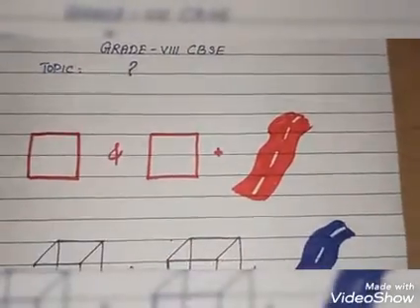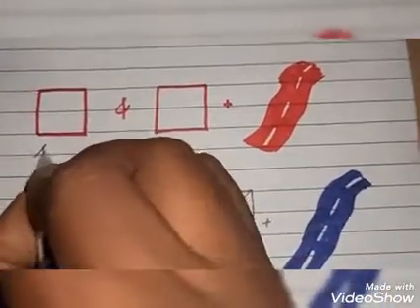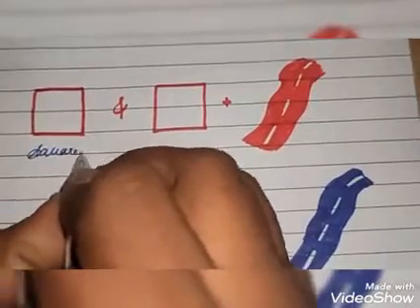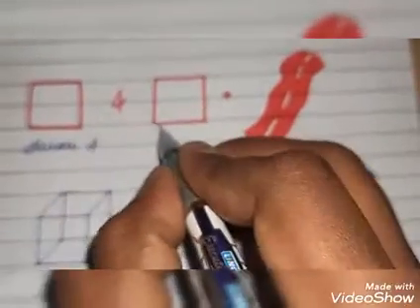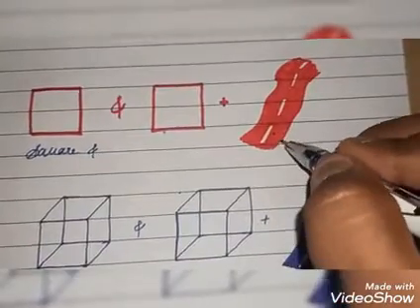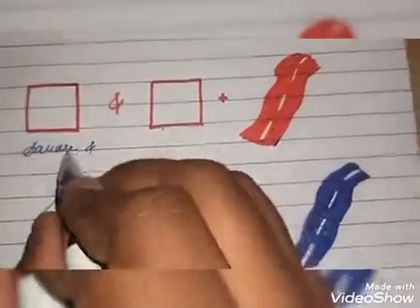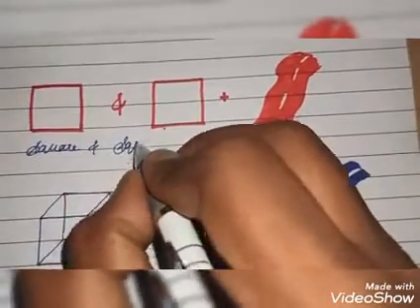In the previous class, what is this shape? This is a square. You already learnt about square and this is one of the root, so consider it as root: square and square root.